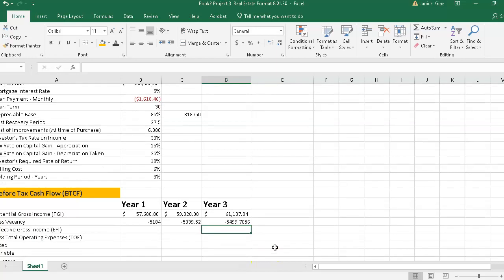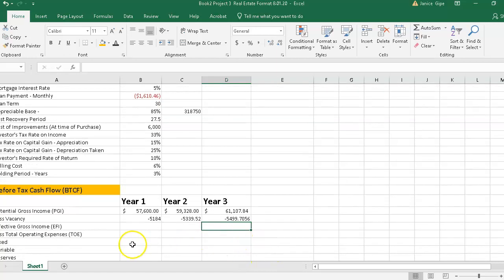So there's a possibility of approximately $5,500 that you lose in this transaction with vacancy.